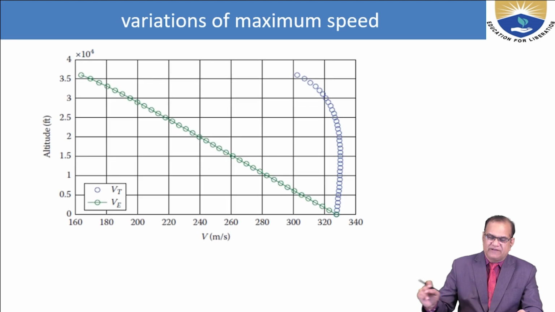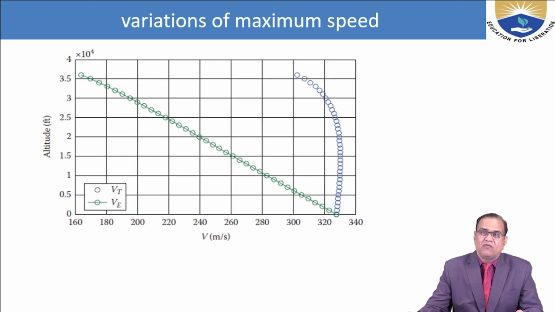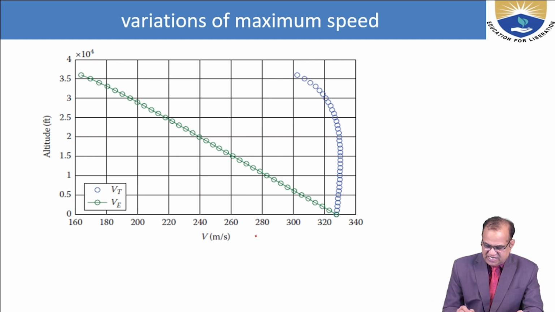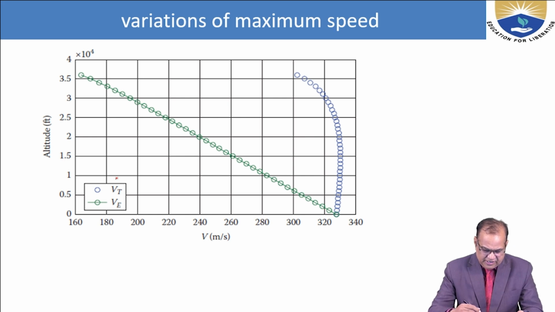Now we will see one plot for the variation of maximum speed. Here altitude versus velocity is given. Here VT is for the thrust, green is for the turbojet, and this is for the propeller engine.